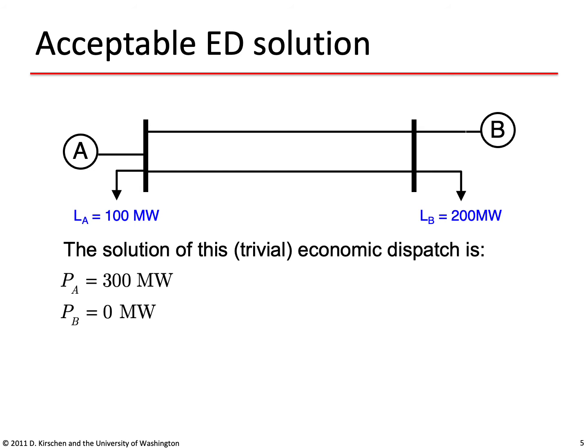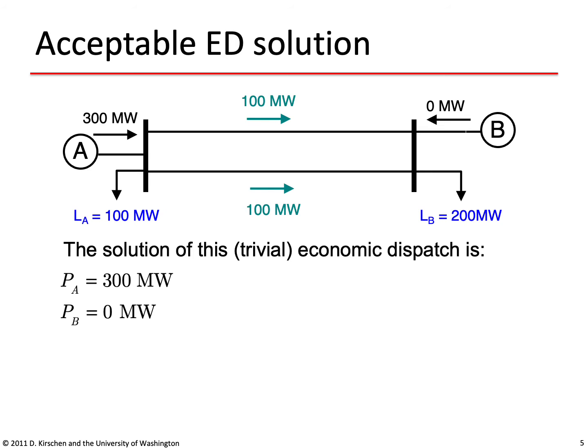The result is that we have 200 megawatts flowing from A to B. That's 300 megawatts produced by generator A minus 100 megawatts consumed locally. That means that we have 100 megawatts flowing in each of the transmission lines between A and B.